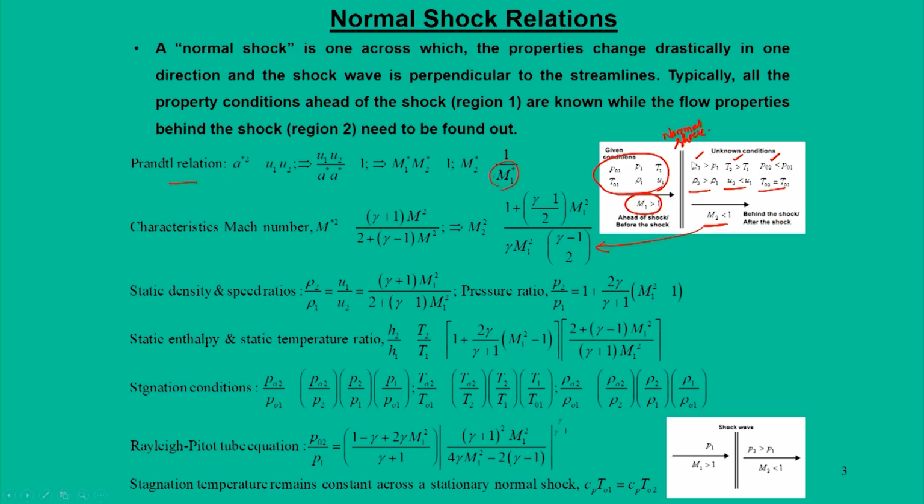This information is related in terms of static density ratio, velocity ratio, pressure ratio, enthalpy ratio, temperature ratio. We also have relations for stagnation pressure ratio, stagnation density ratio, stagnation temperature ratio, and obviously the stagnation temperature remains the same across a normal shock.